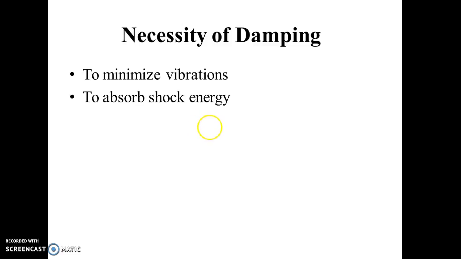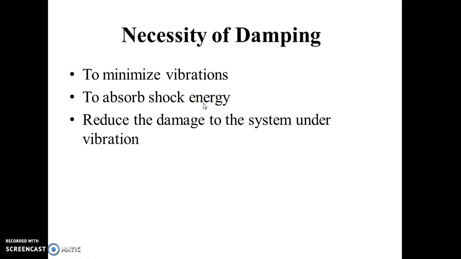We see in two-wheeler bikes and four-wheelers, they absorb the shock energy of the body. Also to reduce the damage to the system under vibration. Many systems such as buildings and towers vibrate under large forces, and we have to minimize these forces by using damping technology.